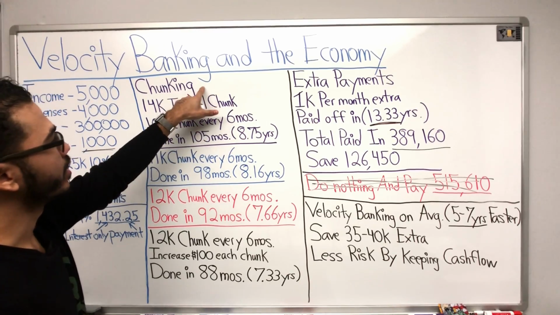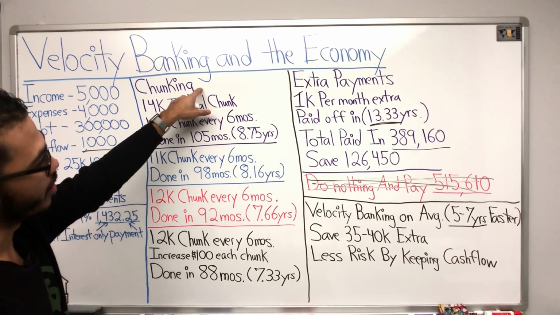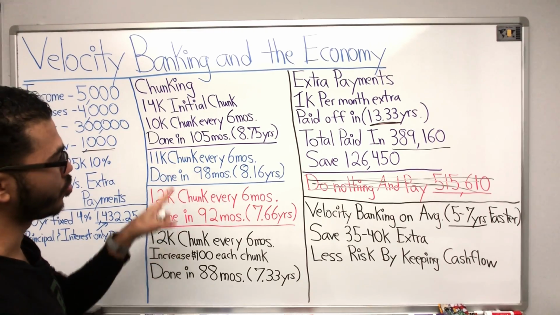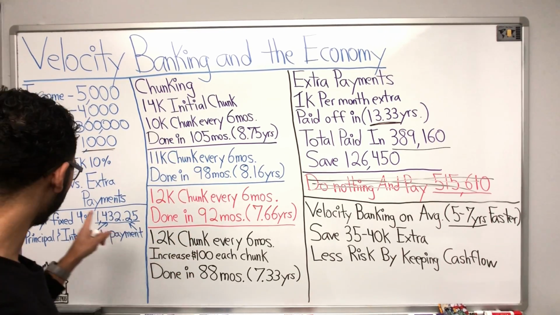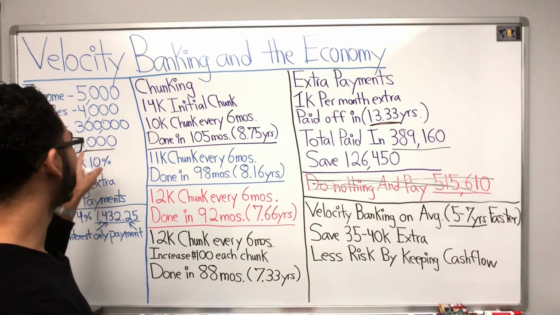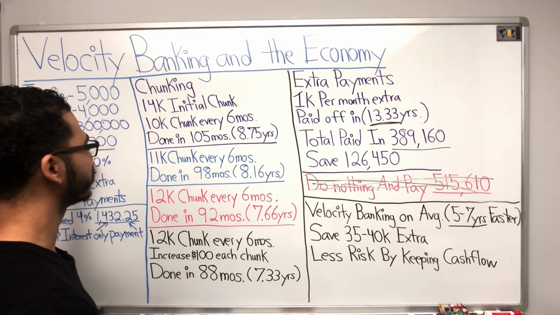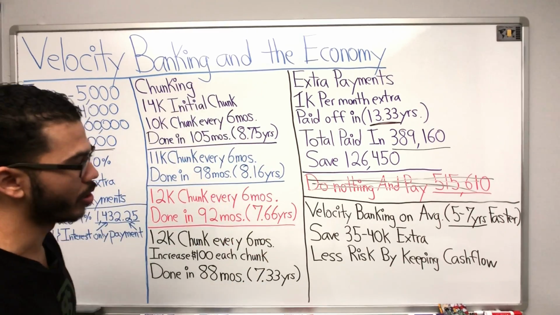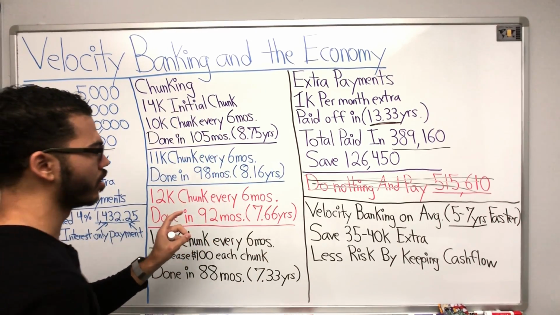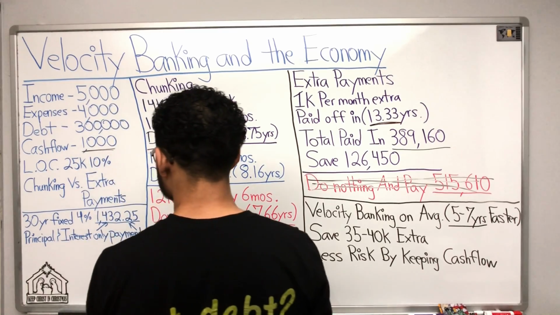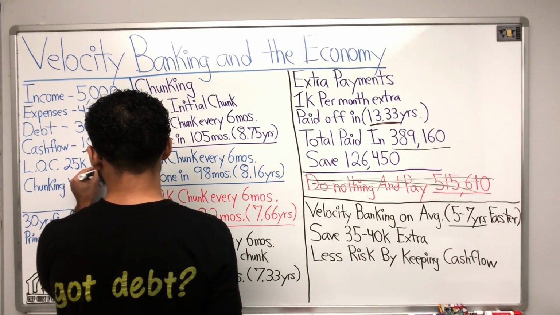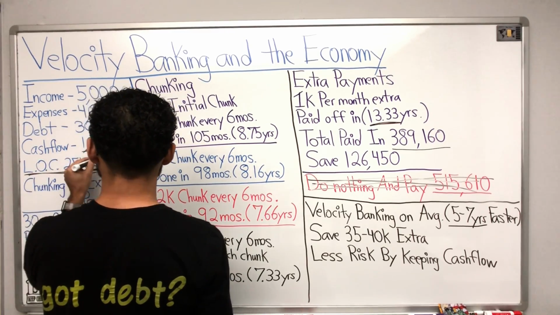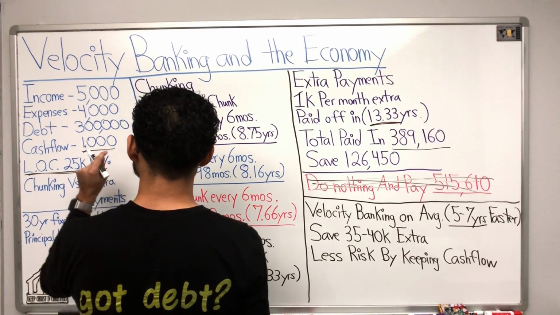So here is an example. I did 4 different examples on how we would get better results, which is to take that same $1,000 cash flow, and the only thing we're adding to the situation is that we have a line of credit for $25,000 at a 10% interest rate.